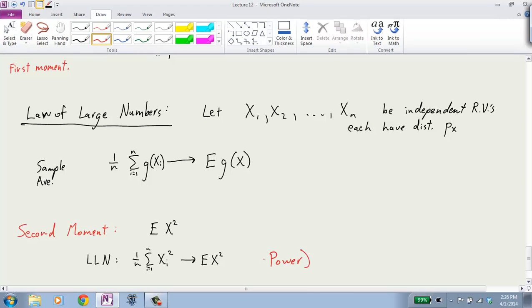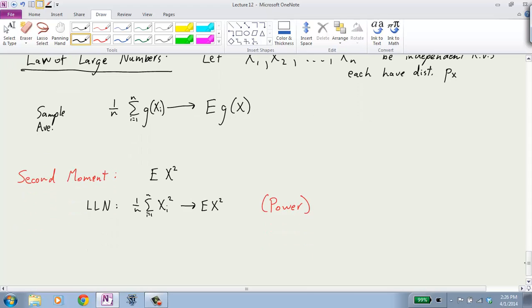You see this sum, the average square value of a signal, that's its power, right? Normally we've talked about power for periodic things. This may not be periodic, it's random, but you can still talk about its power. It's the average of its square value. And here we see that that's going to converge to the second moment. So that might be one reason why we care about the second moment of a distribution, because it tells us the power, and so you'll see me referring to that.